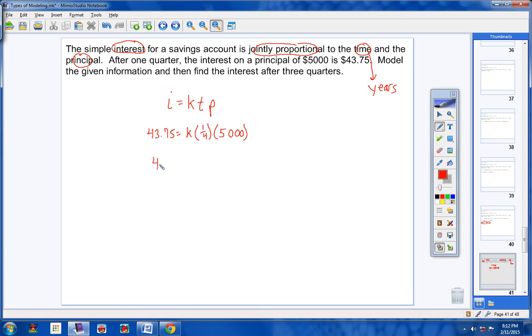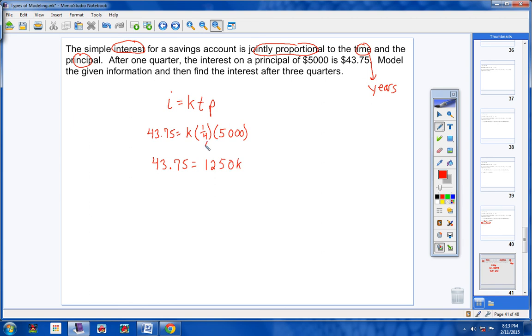So very quickly, I'm going to simplify my right side. I can multiply 1/4 times 5,000, okay? And 1/4 times 5,000 would be 1250. And then bring down your K, of course.